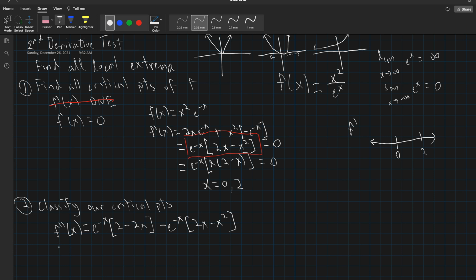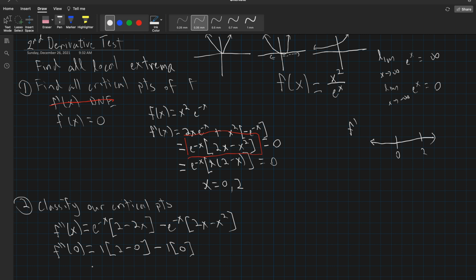So let's calculate f double prime of 0. This is going to be equal to e to the 0, which is just 1, times 2 minus 0, minus 1 times 0.